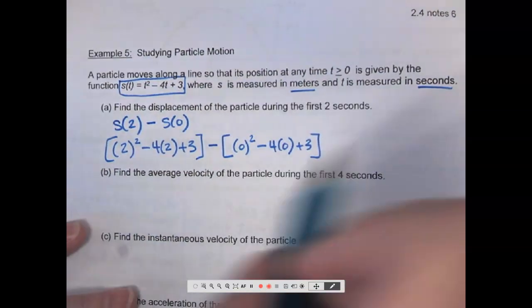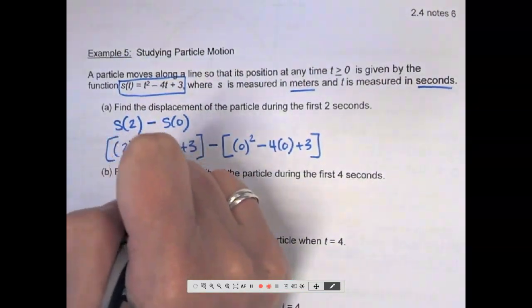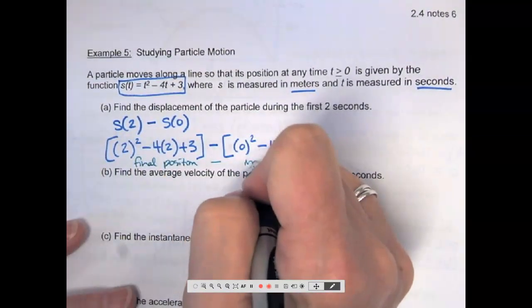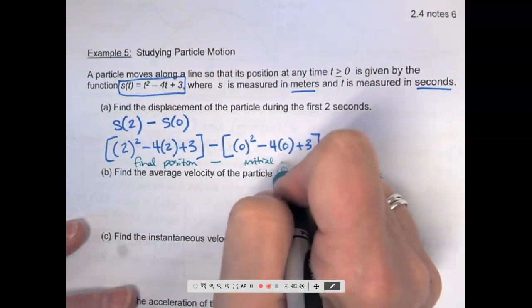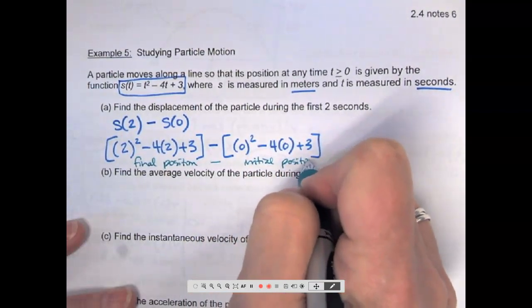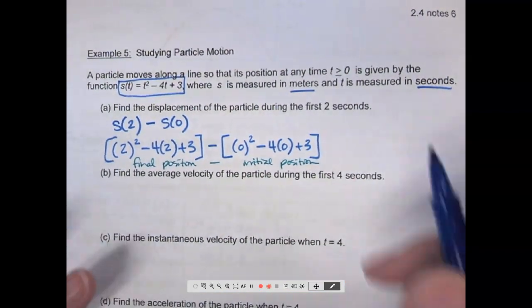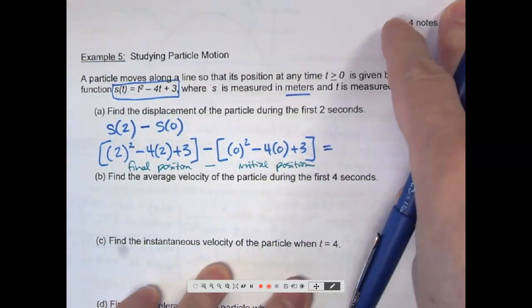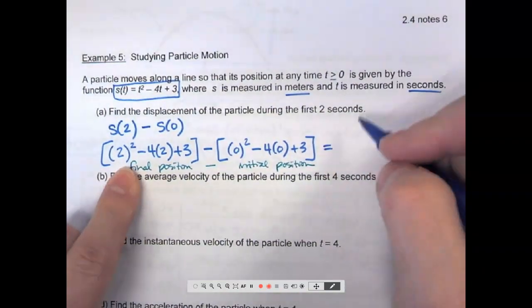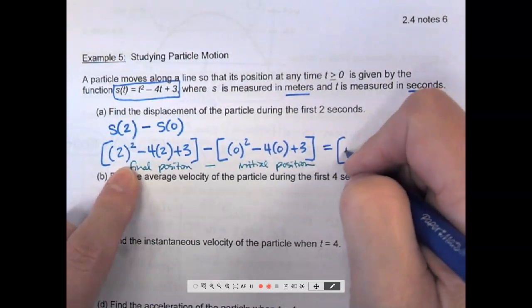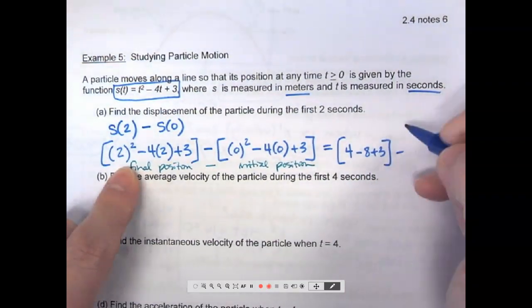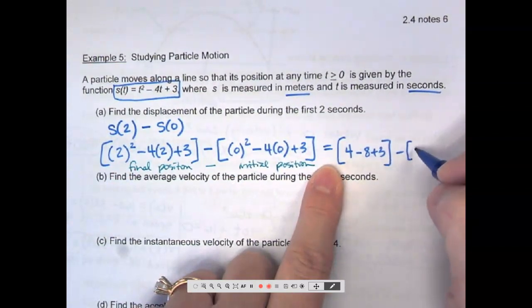So final position minus initial position, and that will be my displacement. Remember, displacement can be positive, negative, or 0. It's all related to where you stopped and started. So let's see. We have 4 minus 8 plus 3, subtract 3.